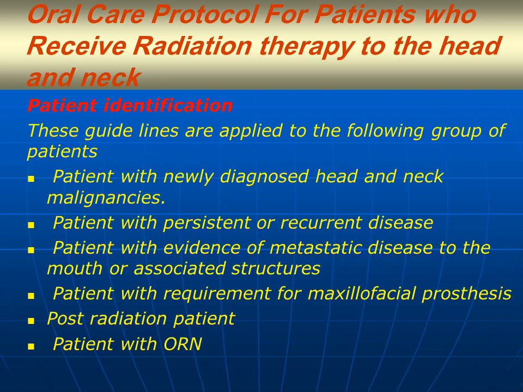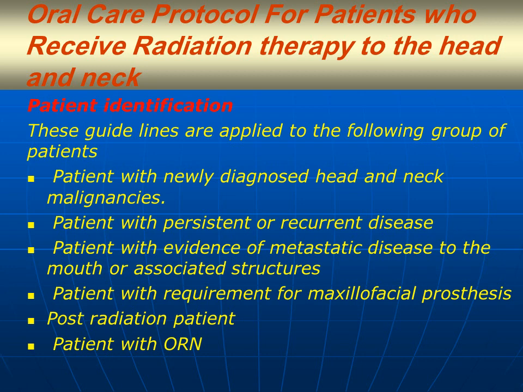Then we are going to talk about the oral care protocol for patients who receive radiation therapy to the head and neck. First, we have to do patient identification. That's to say, there are certain guidelines applied to the following group of patients which require this oral care.